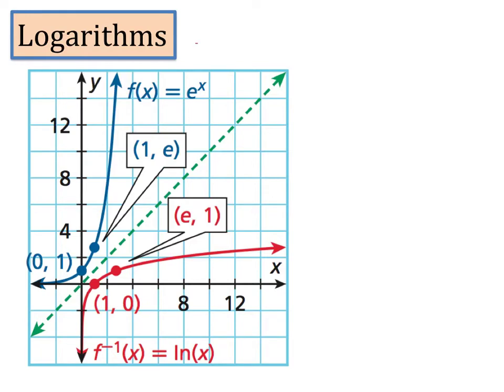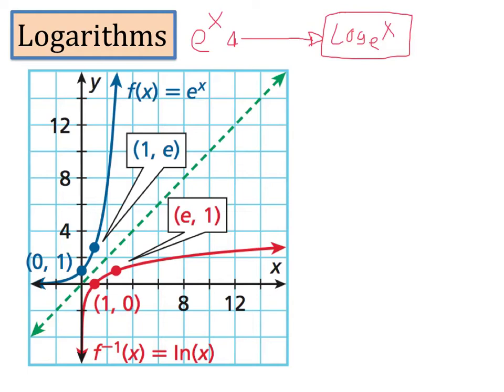We studied the inverse functions between exponential functions and log functions, so we want to introduce now what the inverse function of e to the x is. If we were going to write this in logarithmic form, it'd be log base e of x. But this isn't how we write the log form of e to the x.